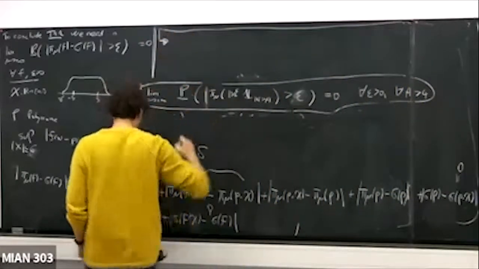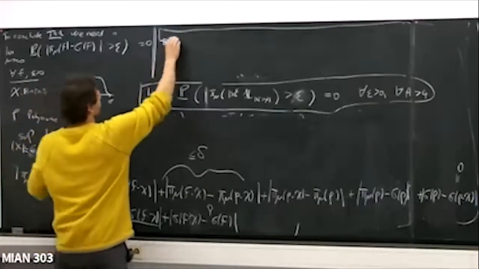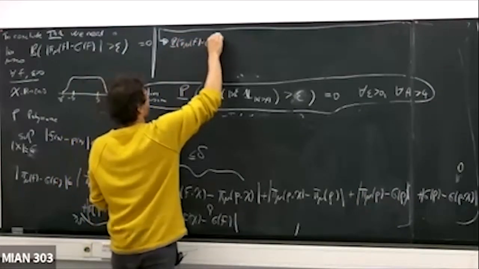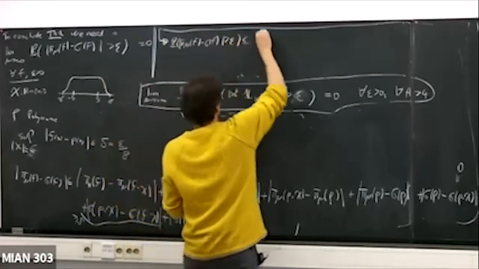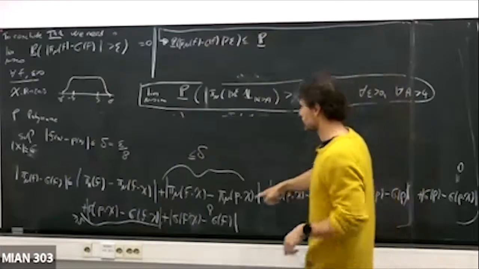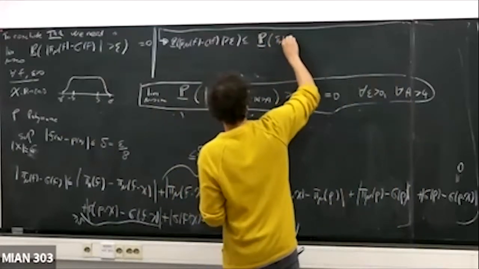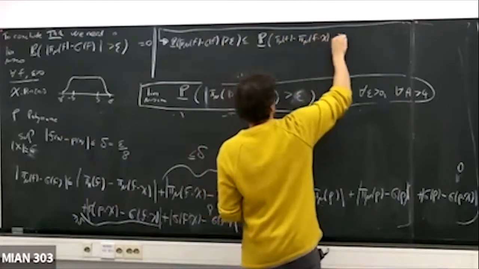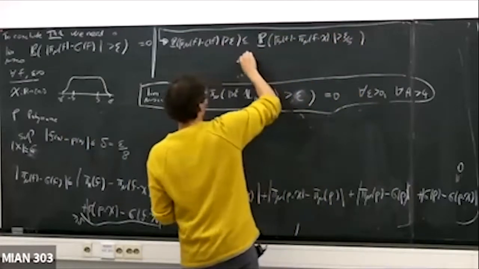Let's continue in here. So this probability, which is here, the probability that pi n of f minus sigma of f is more than epsilon is less than, okay, these two guys were actually 0, but so is less than the probability that this is more than epsilon over 5 plus the probability.